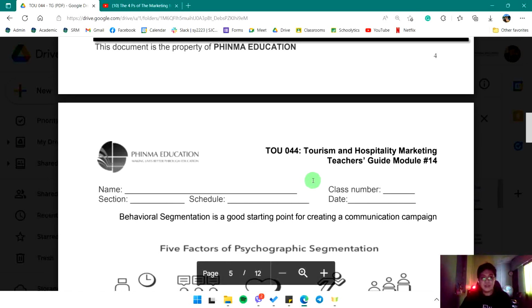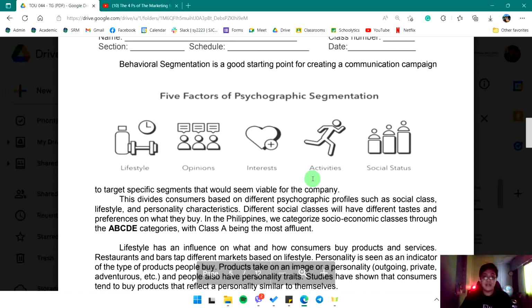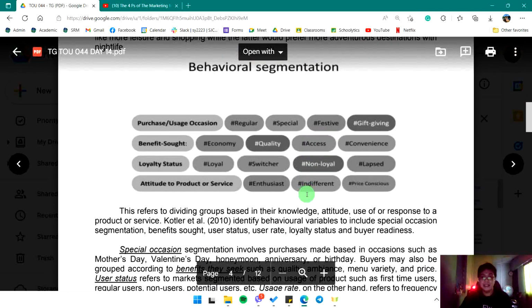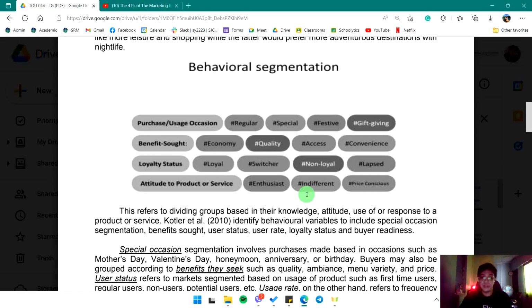So next, pag-uusapan natin naman is the psychographic segmentation. When it comes to psychographic segmentation, this is how the market thinks. Again, uulitin ko. Pag behavioral segmentation natin, this is how the market moves or this is how the market acts.